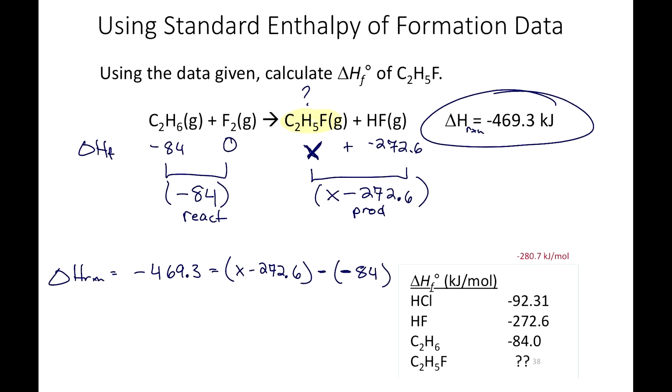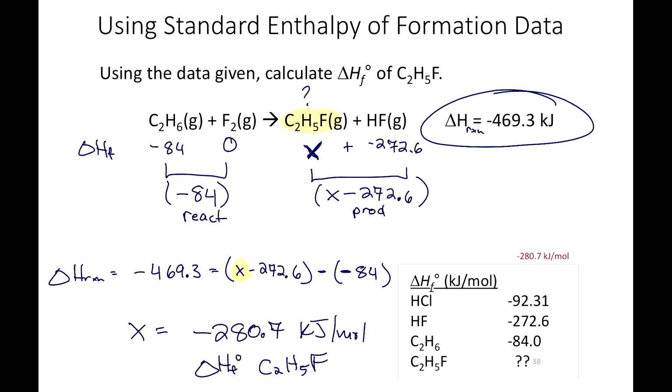So putting that math together, if you solve for X here, you get that X is equal to negative 280.7 kilojoules per mole. So this value is your delta H of formation for that missing piece, C2H5F. All right, so this question is very similar to the previous one.